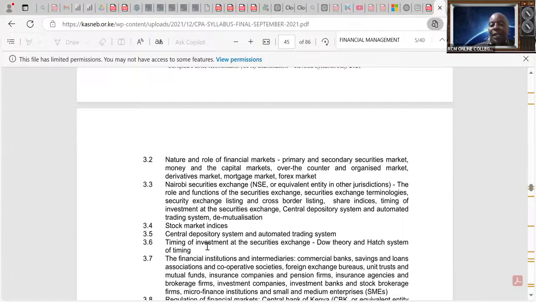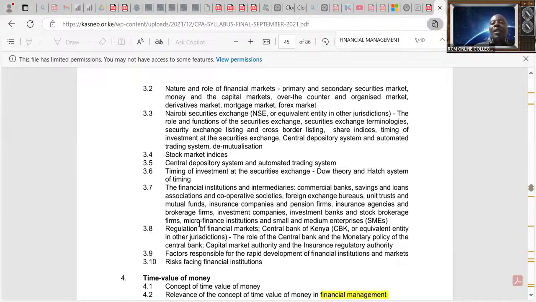3.7. The financial institutions and intermediaries, commercial banks, savings and loans associations, and the cooperative societies, foreign exchange bureaus, unit trusts, and mutual funds, insurance companies and pension firms, insurance agencies and brokerage firms, investment companies, investment banks, and stock brokerage firms, microfinance institutions, and SMEs.